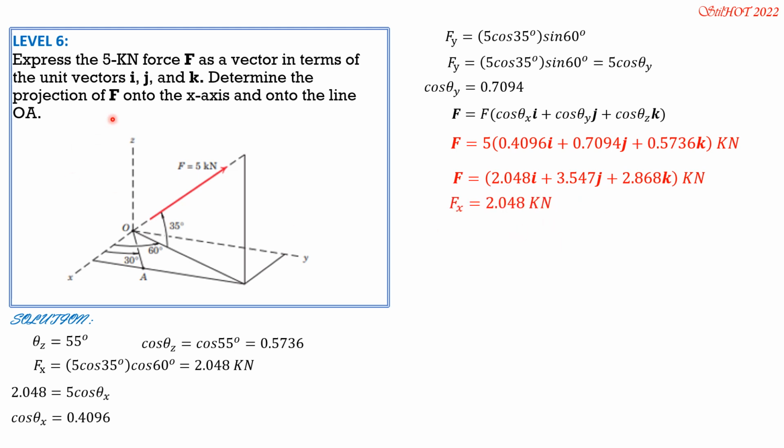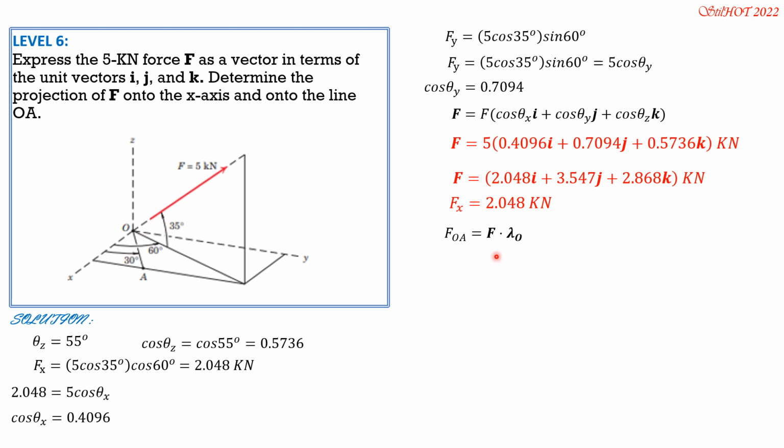Now how about the component or projection of F onto the line OA? We write the unit vector of OA simply; it has only x and y components, no z component. It is on the xy plane. It forms an angle of 30 degrees. So this is cosine of 30 degrees i, then sine of 30 j for lambda of OA.